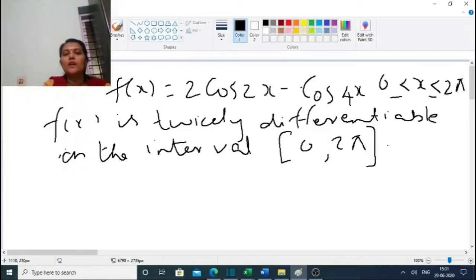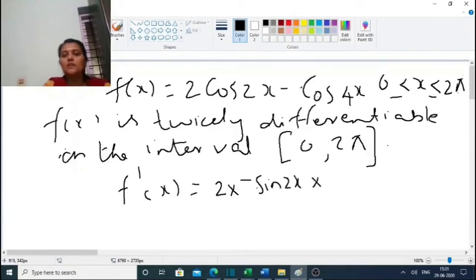So we have to find the derivative f dash x to get the critical points. For that, f dash x is equal to 2 into the derivative of cos 2x, which is minus sin 2x into the derivative of 2x, which is 2, minus the derivative of cos 4x, which is minus sin 4x into 4.